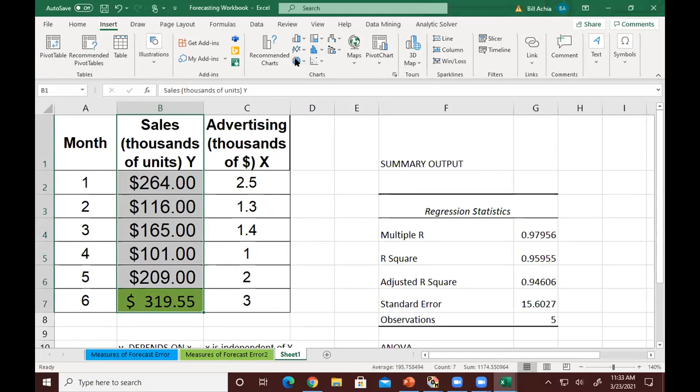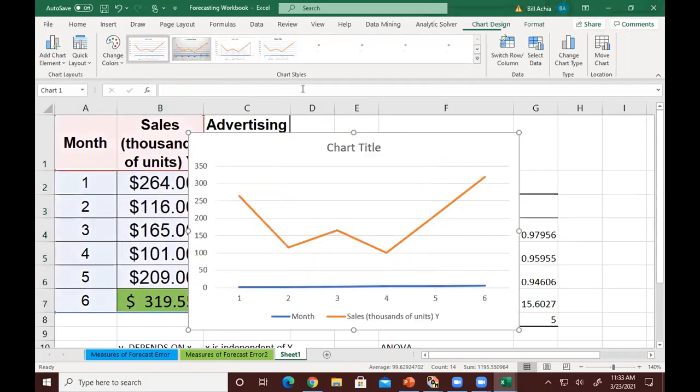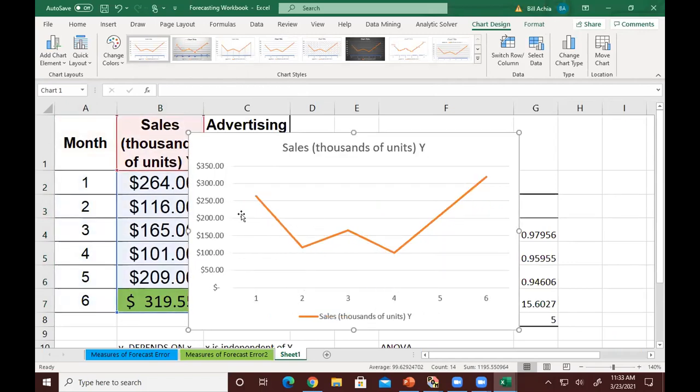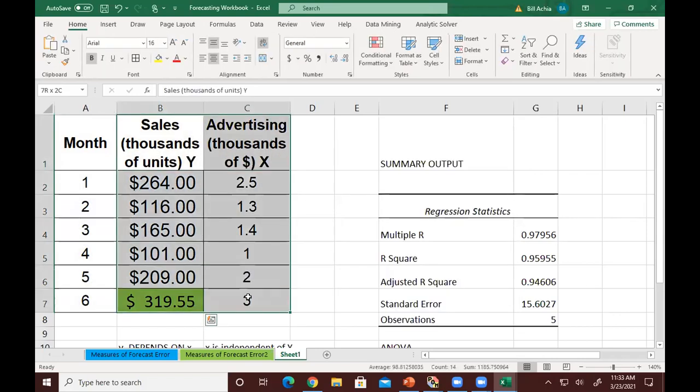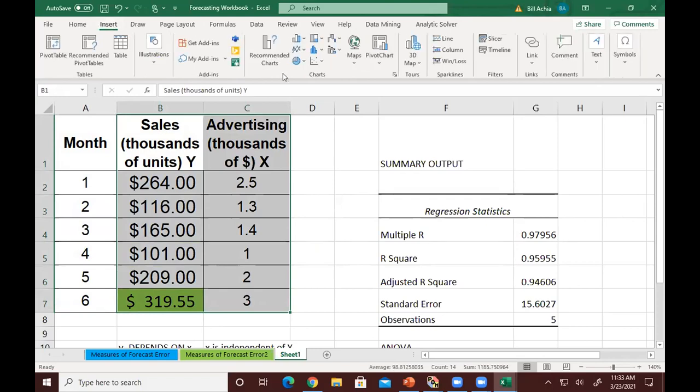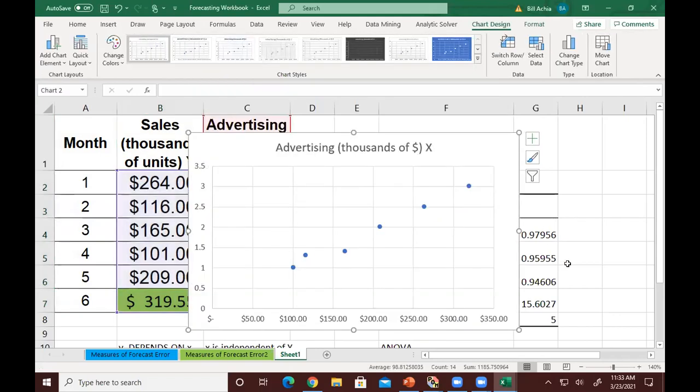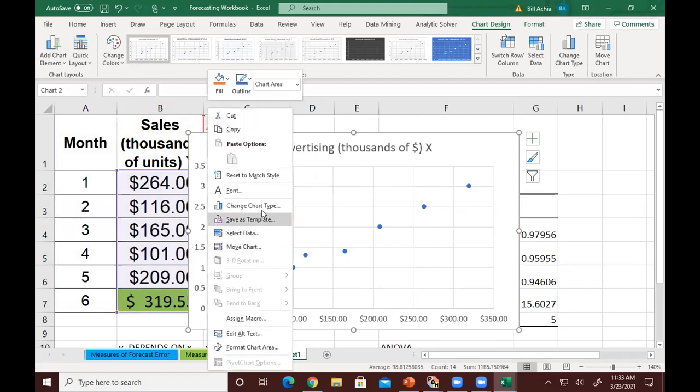Insert. Okay. So this is what I have, but I'm using the wrong metric. I shouldn't have used month with these two columns here that we're analyzing. I need to switch.